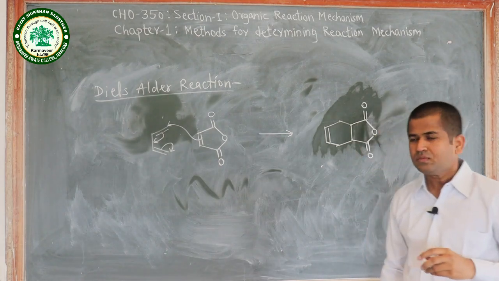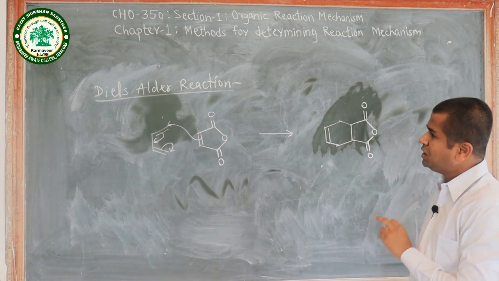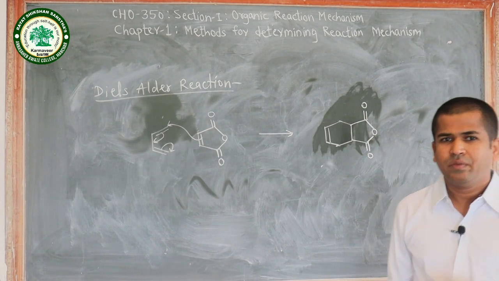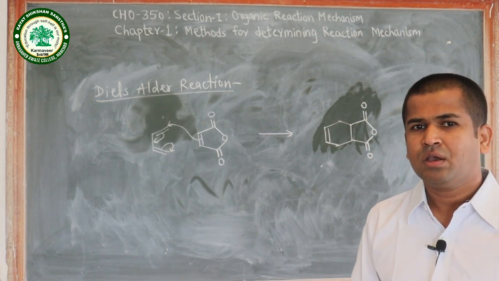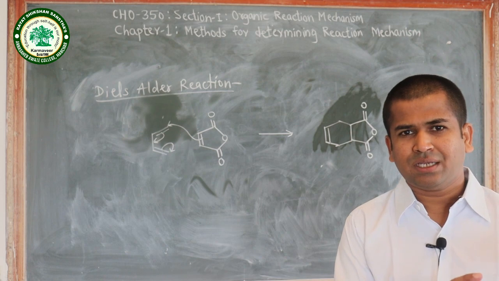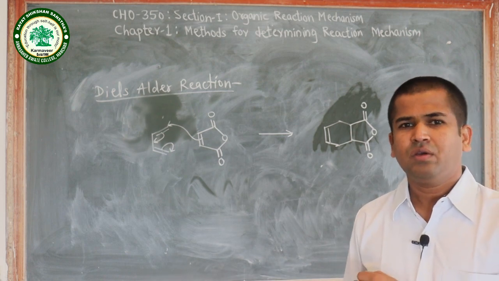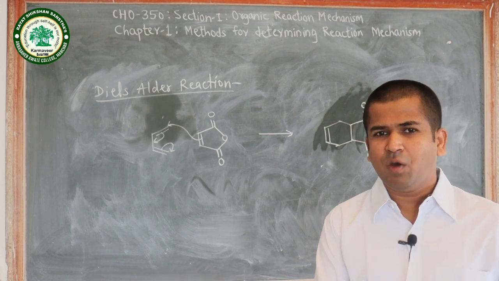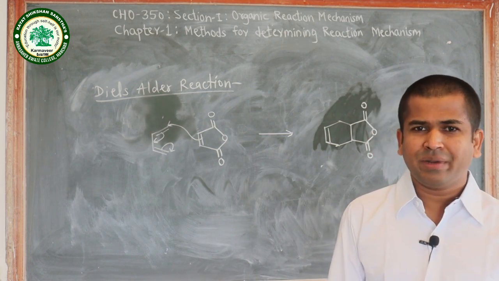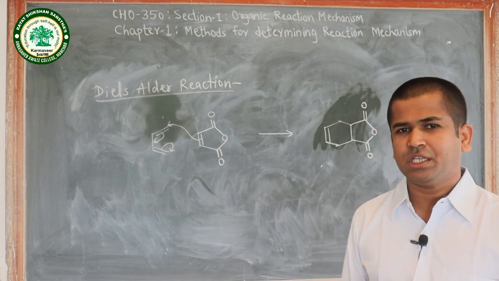In these types of reactions where the number of reactants decreases, suppose we have 2 reactants and in the product we get only one product, that means the number of molecules going from reactant to product is decreased.